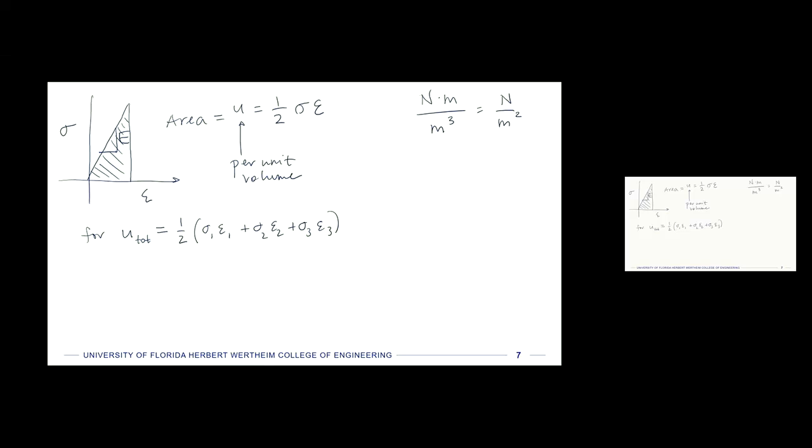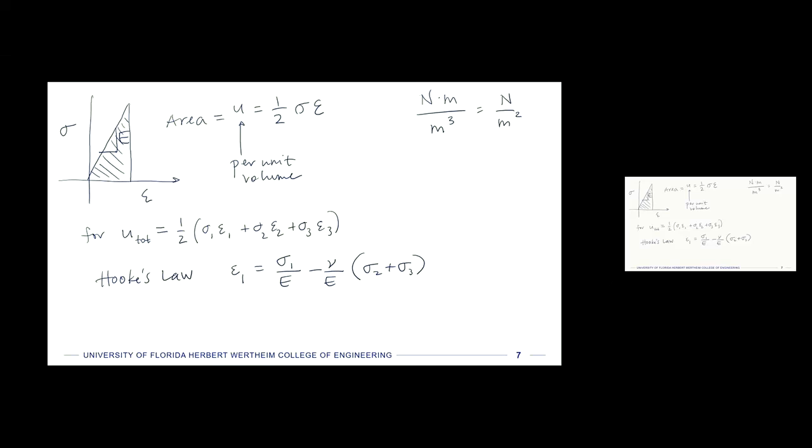So we're going to go back and use Hooke's law that we had written before. One of those equations was epsilon 1 is sigma 1 divided by E minus Poisson ratio over E times sigma 2 plus sigma 3.